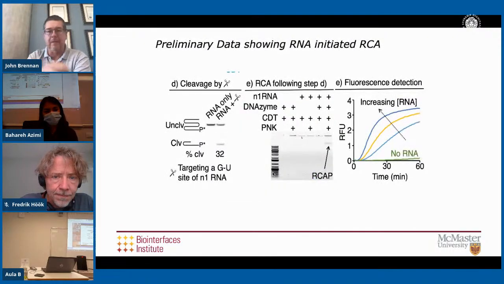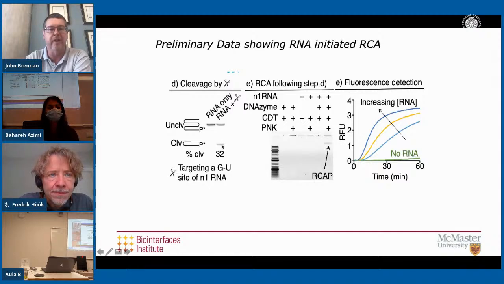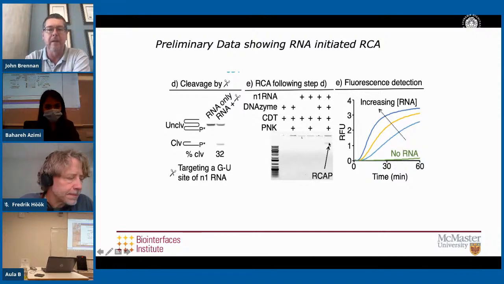So the question we now wanted to look at was, can we use the RNA that we generated in step 1 using the 10-23 DNAzyme and have it interact with the circular template and all the other reagents to generate an RCA output? If we look through here, we see that only when we have our RNA, the DNAzyme that does the cleavage, the circle, and the PNK all there, do we see an RCA product.